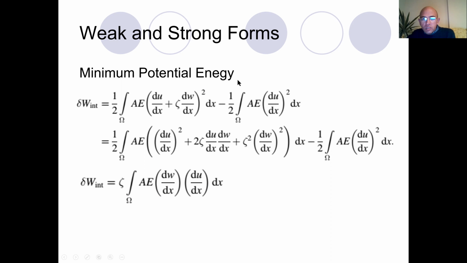Now here is the thing, since zeta is very small, this zeta square term is much smaller, because zeta is much smaller than 1. Let's say that it is 10 to the power minus 6, and square of it will give you 10 to the power minus 12. So it is negligible. Therefore, you can neglect the contribution of this term.